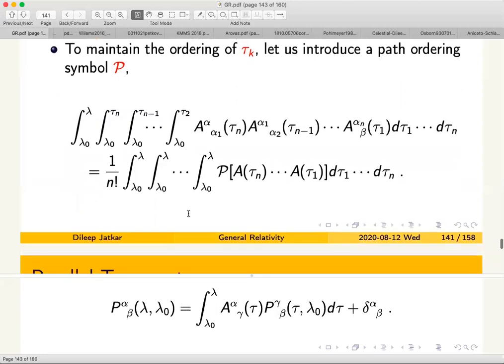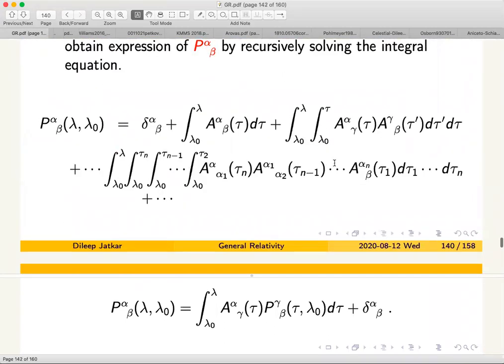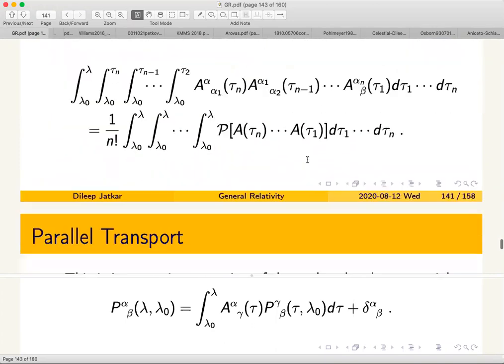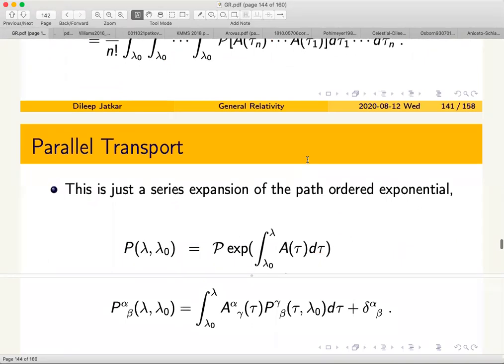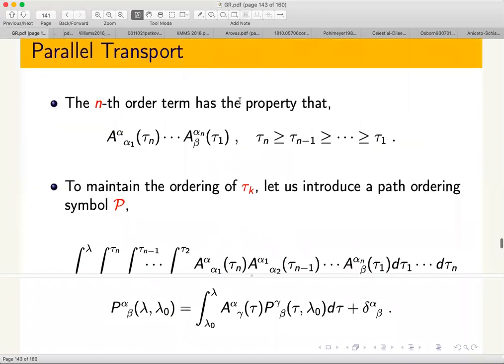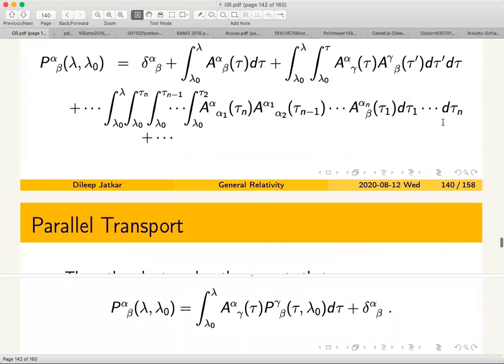Okay, fine. So what we'll do is we'll take this expression and put it back in for every term. That would tell us that the solution can be written. Remember, once you put a 1 over n factorial piece, then for any nth term, it is A to the n with n integrals divided by n factorial.